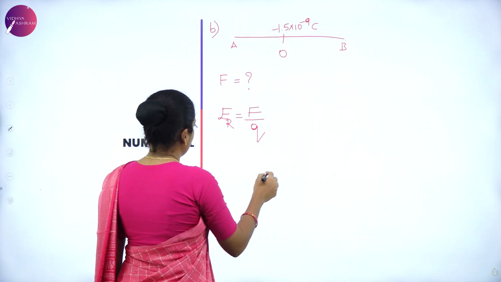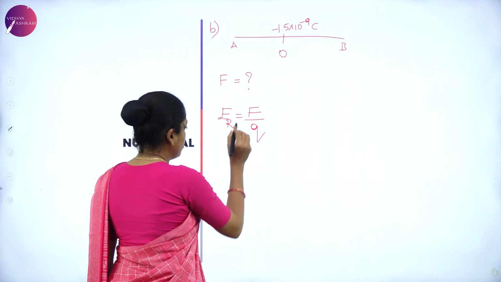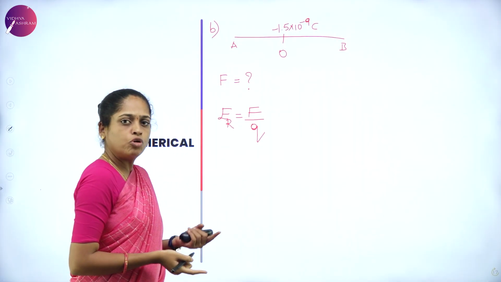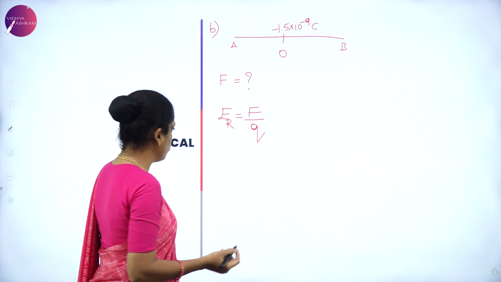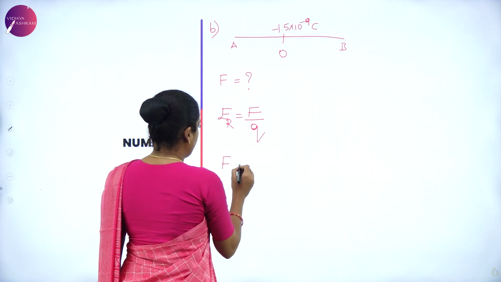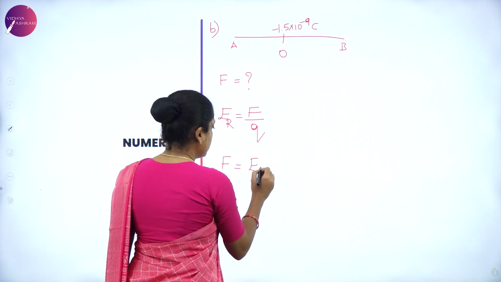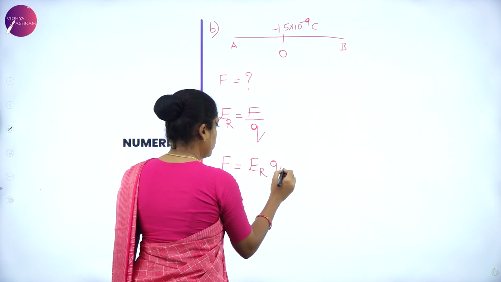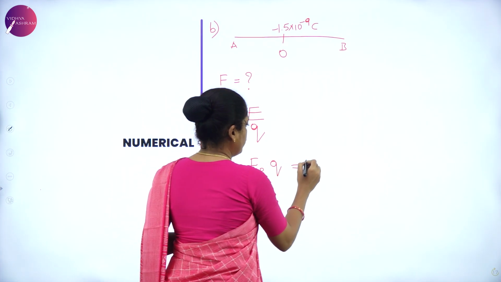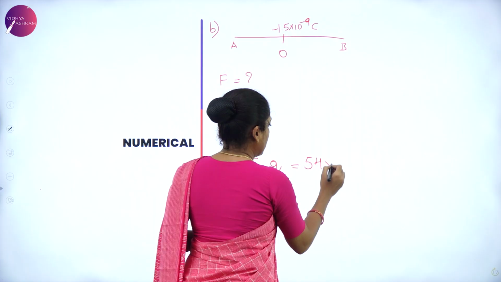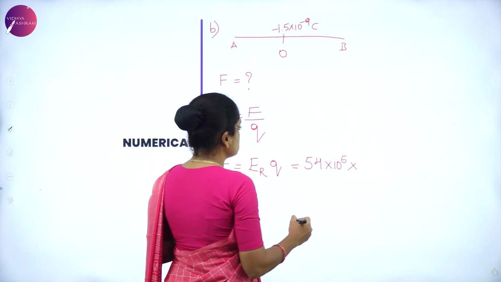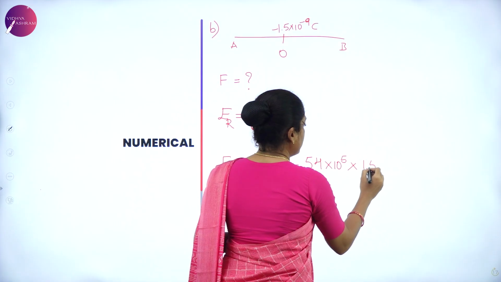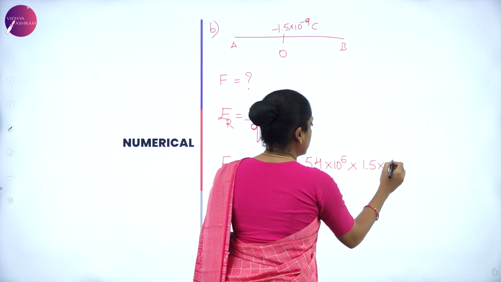Yes, now let us substitute the values to find the force, or before that you rearrange in terms of force, as we need to find the force. So, F is equal to ER into Q. ER value is 54 into 10 power 5 and the Q value is 1.5 into 10 power minus 9.